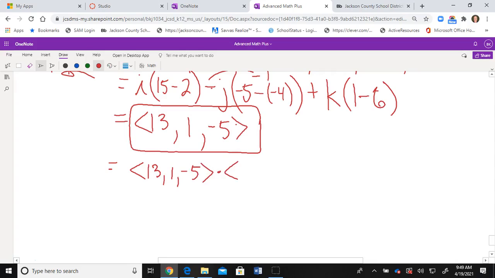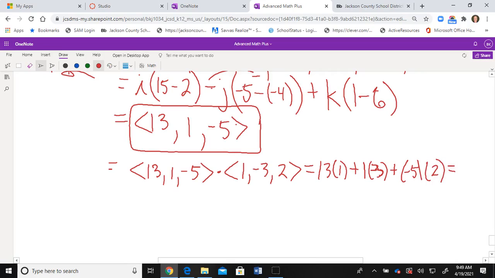So that's going to be our answer, 13, 1, negative 5, with the inner product of 1, negative 3, and 2. And we'll have 13 times 1 plus 1 times negative 3 plus negative 5 times 2. And that should equal 0.